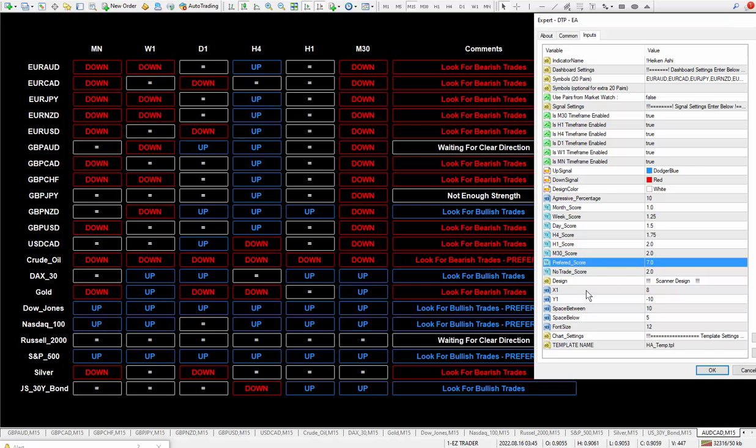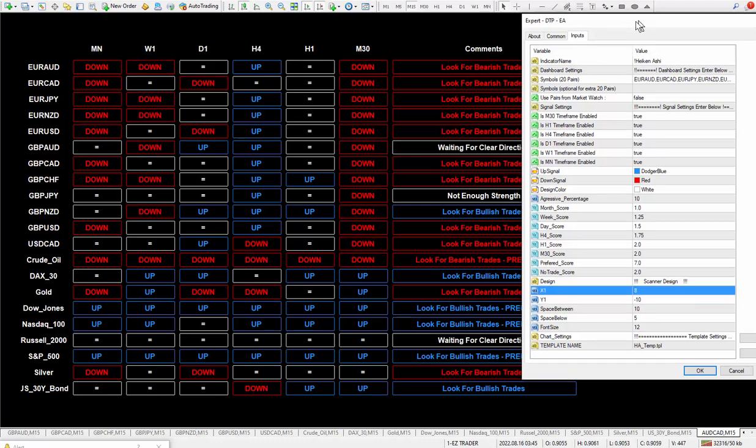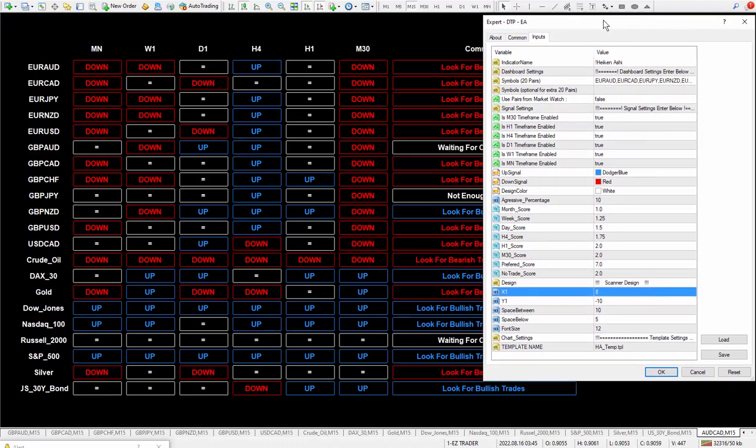Now let's see. This is your scanner design. 8 is going, the x-axis going left to right. If you change this number a little bit bigger, it'll make the boxes a little bit bigger. You can play around with it. And I have it preset. After you have it done, I just press load.